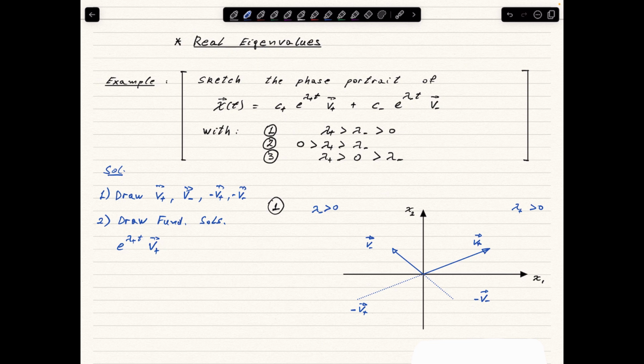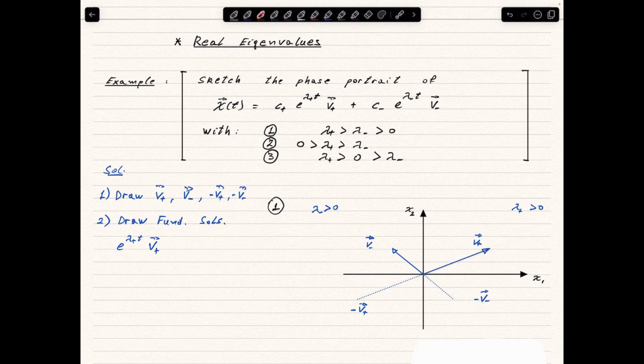Notice that this function is a constant vector times a scaling factor. So the fundamental solution is always going to be proportional to this vector. It's going to be either this vector, or this vector, or this vector, or this vector. So the solution is going to be a line along this vector. And recall that this factor is never negative, so it's going to be half a line.